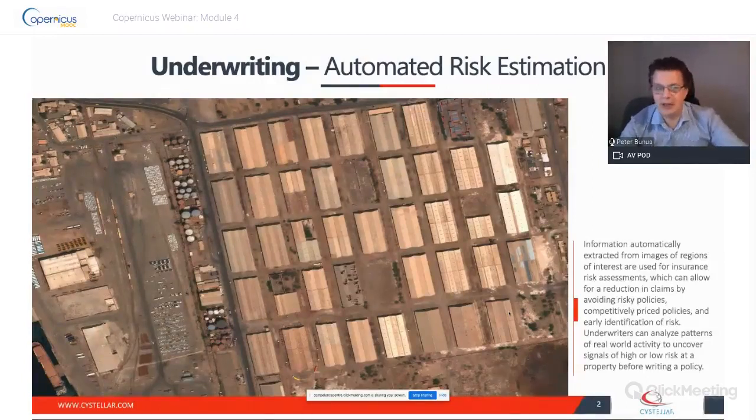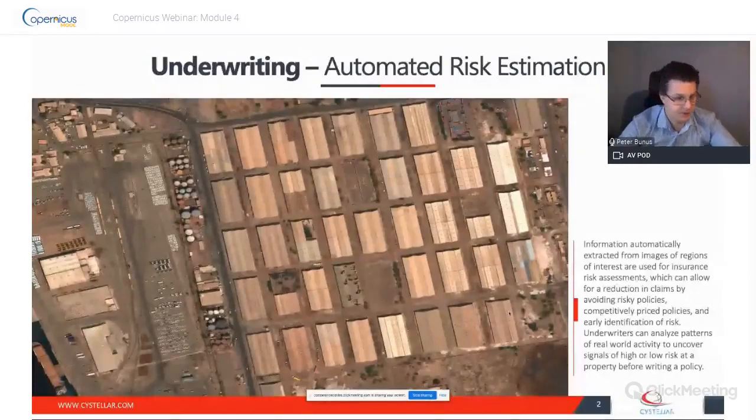Now, let's suppose that I need to underwrite this particular industrial compound. As you can see, it consists of several industrial buildings. Usually, this is the information that you get from the insurance broker, that we need to insure, in this particular case, 39 different buildings. But obviously, the more we know about it, the better picture we can create about the status of the asset and about the potential risks in this area.